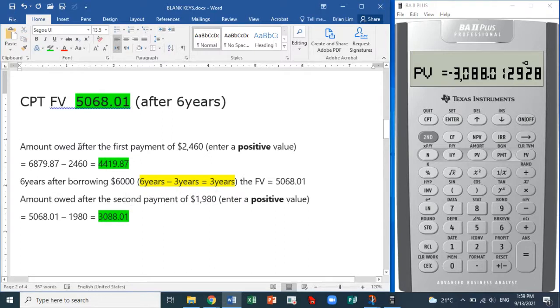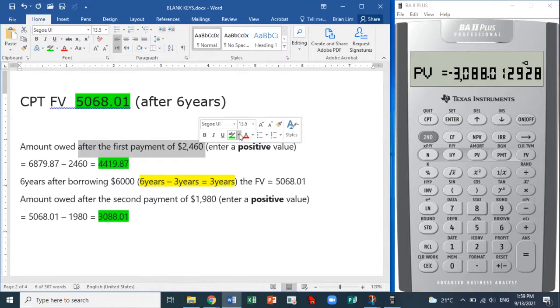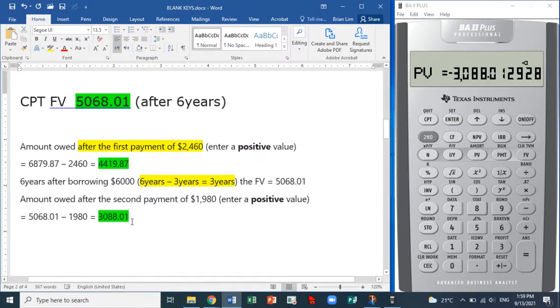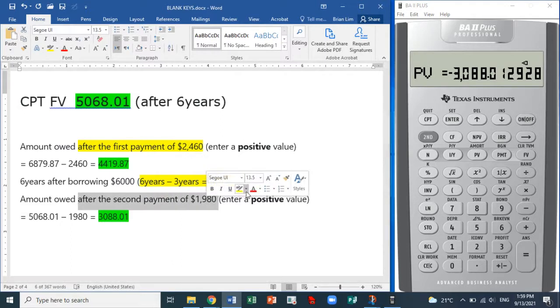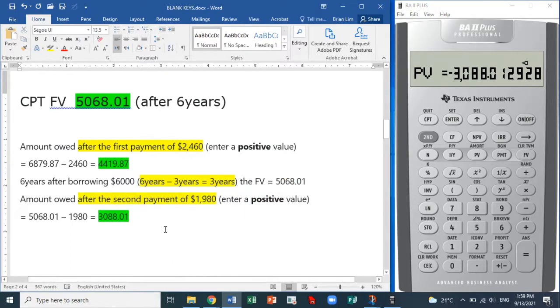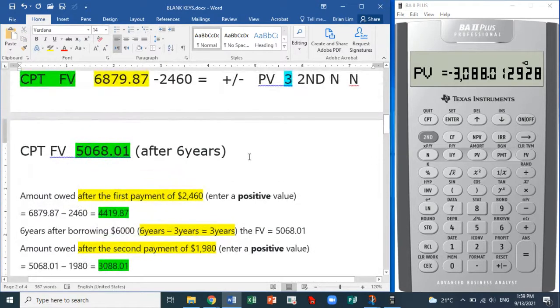So after the first payment, after the second payment of $1,980, the amount is 3088.01. Now, what we would do here, of course, is the calculation continues.